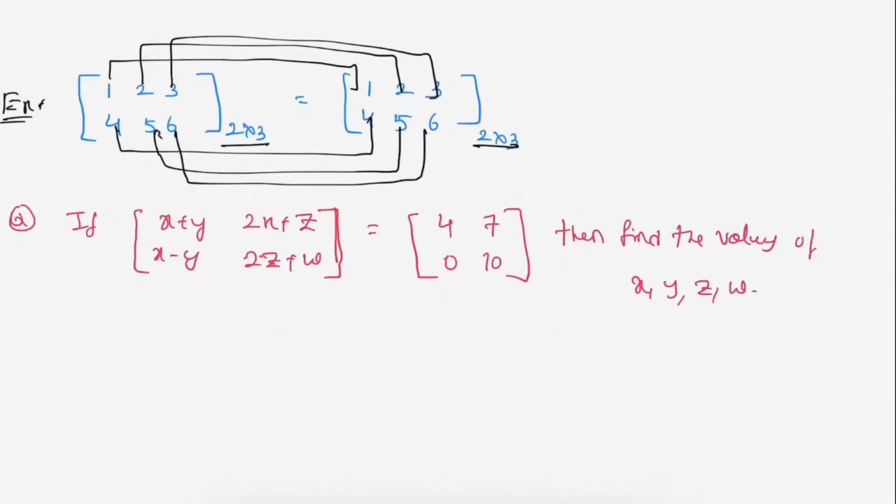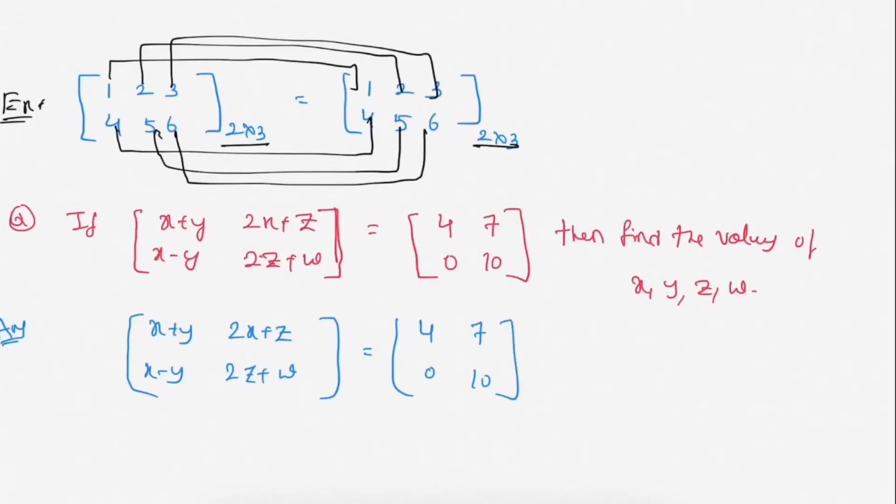So how can we find out this problem? If two matrices are equal, their corresponding elements should be equal and they should have the same order. First check whether they have the same order or not. Both have the same order, 2 by 2.